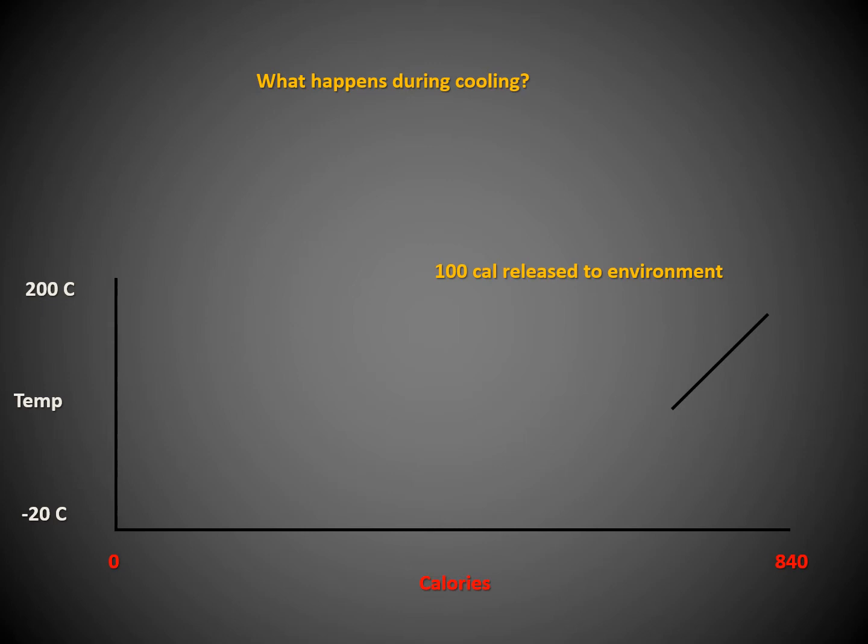It has to form bonds to come together as water, right? And in doing so, remember when we went the other way, it required 540 calories? In this case, to form water, it's going to give off 540 calories into the environment. So it has to lose 540 calories in order to become water at 100 degrees C.